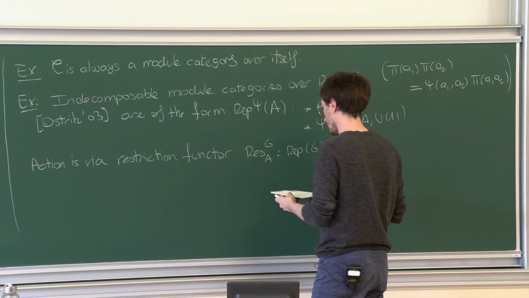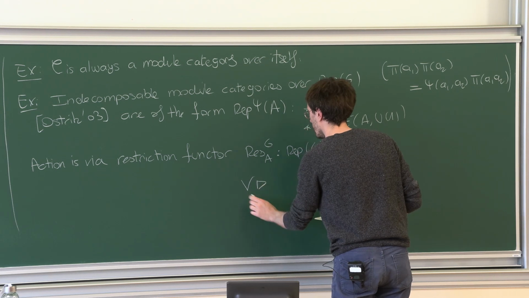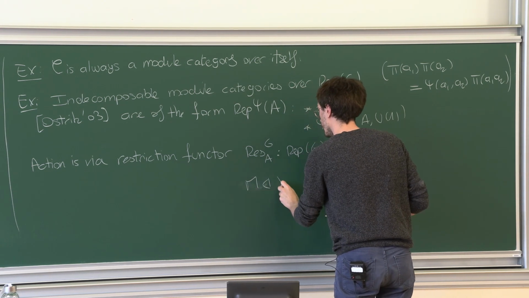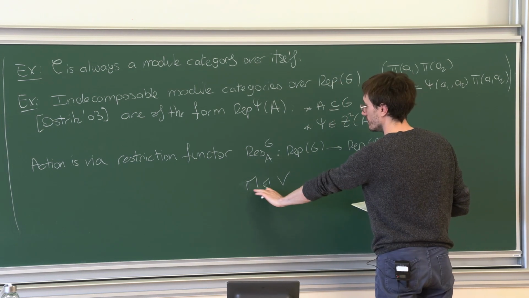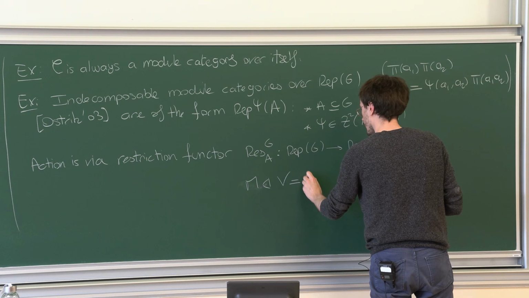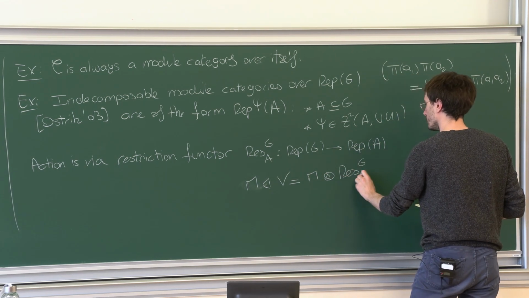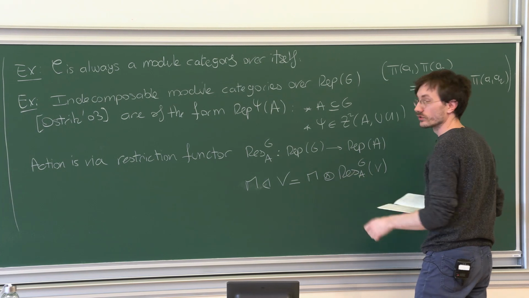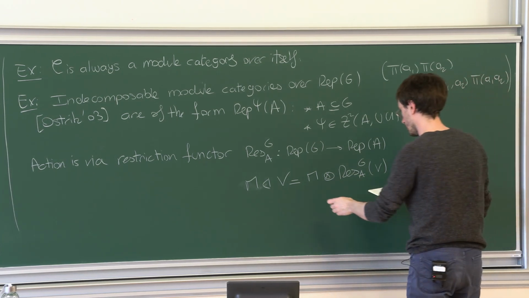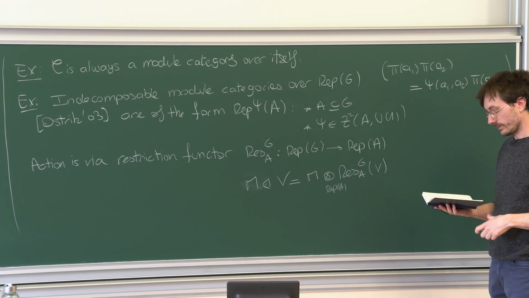So very concretely, what it means, the action. If I have a V, we do right action. So V is a representation of G, and it acts on the representation of A. It just acts by first taking the restriction, and then you just do the tensor product. So at the end of the day, it's just the usual tensor product that we use, of representations of A, right?